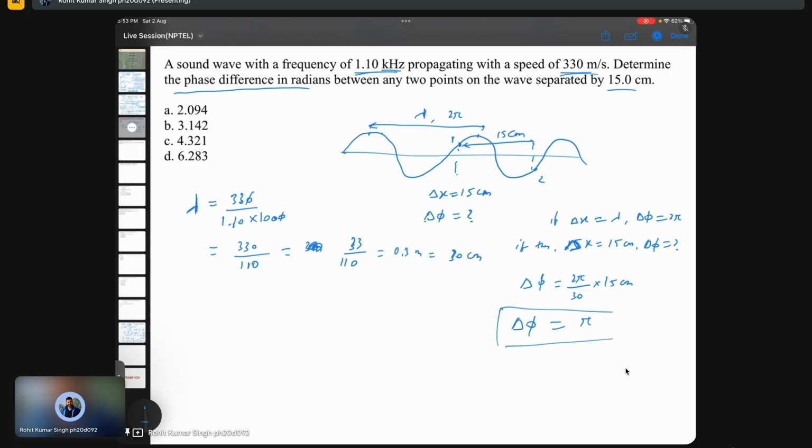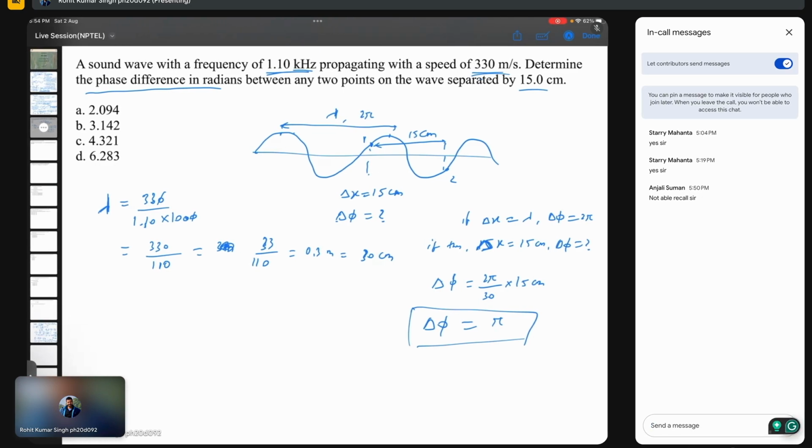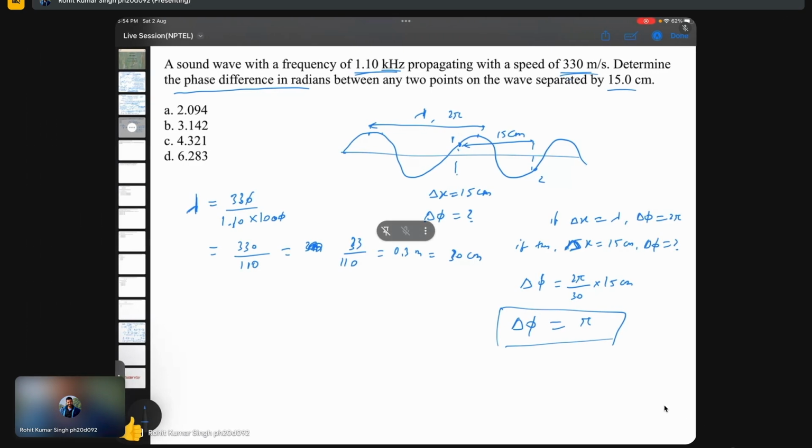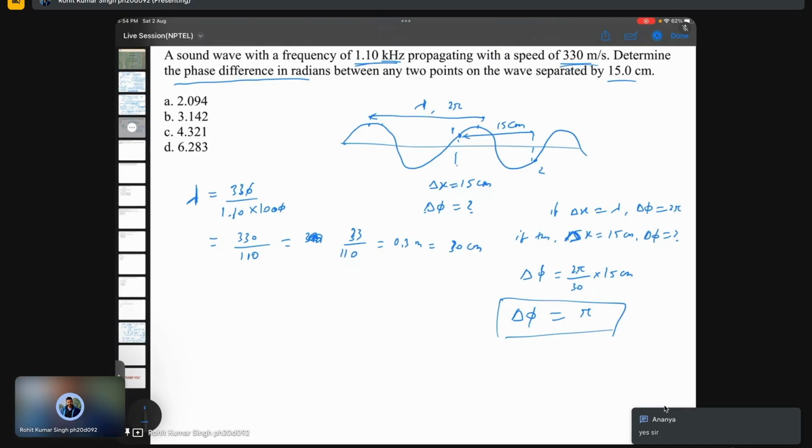The phase difference will be pi. It's an easy one, right? Everyone okay? Now you recall? Okay, thank you.